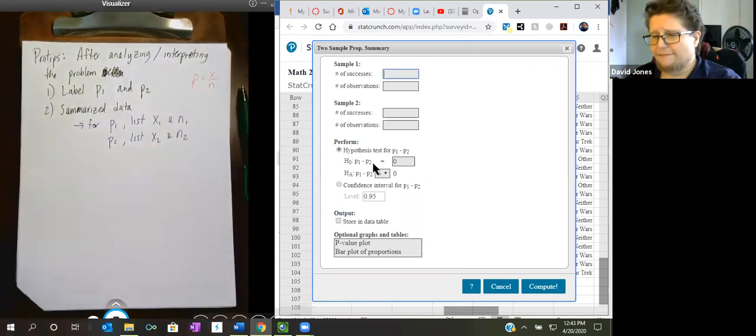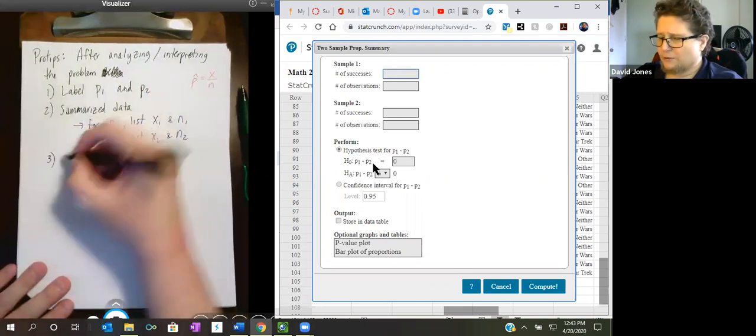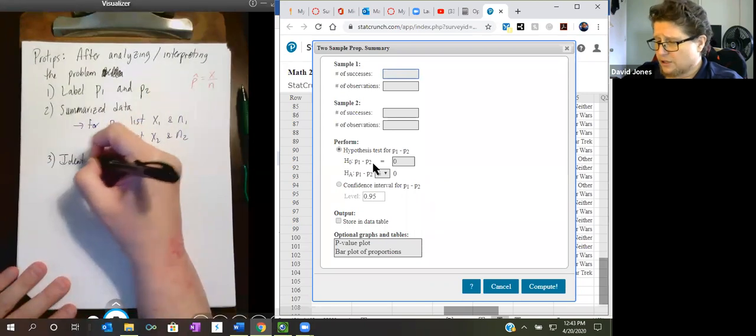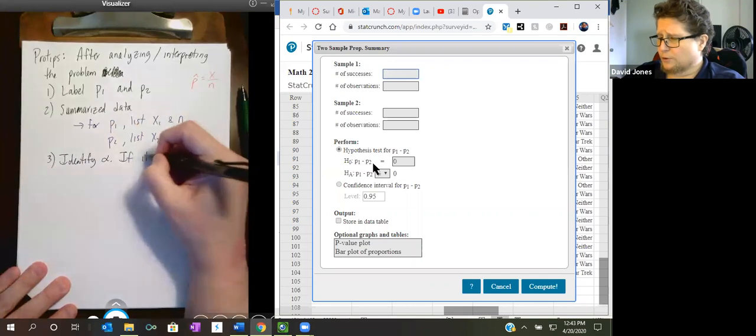Collect your info. The only other thing you ever had to do that might be different was identify alpha. So identify alpha. If it's unstated, use 0.05.